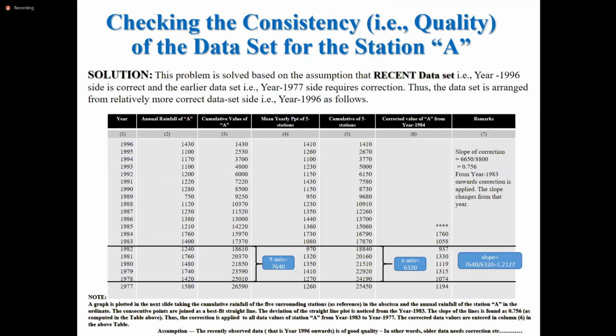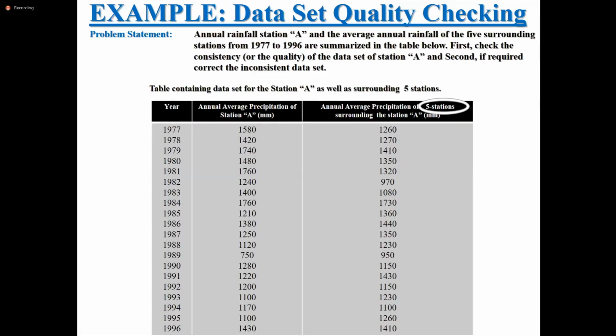Now the problem is solved based upon the assumption that the recent data is good. That is the assumption we made to check the consistency. So going back to it, data is given from 1977 to 1996, and we are saying recent data is of good quality and past data is questionable.